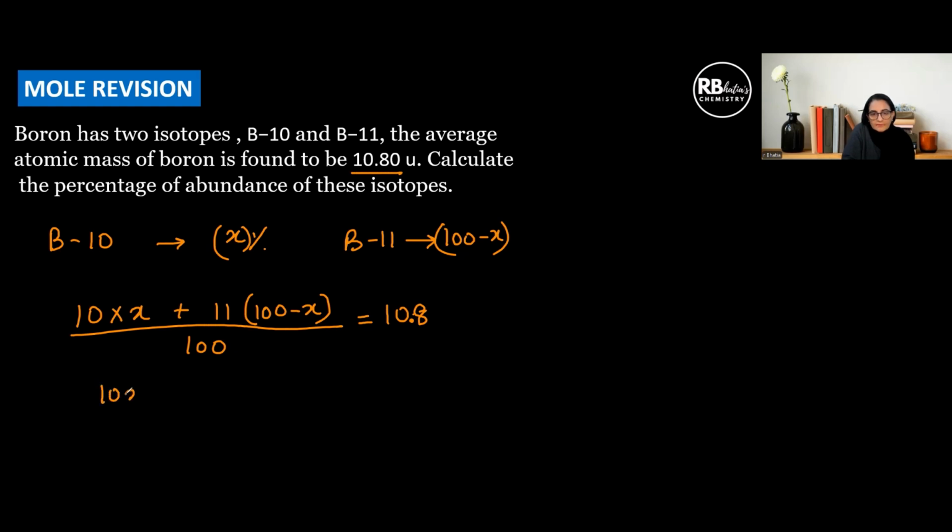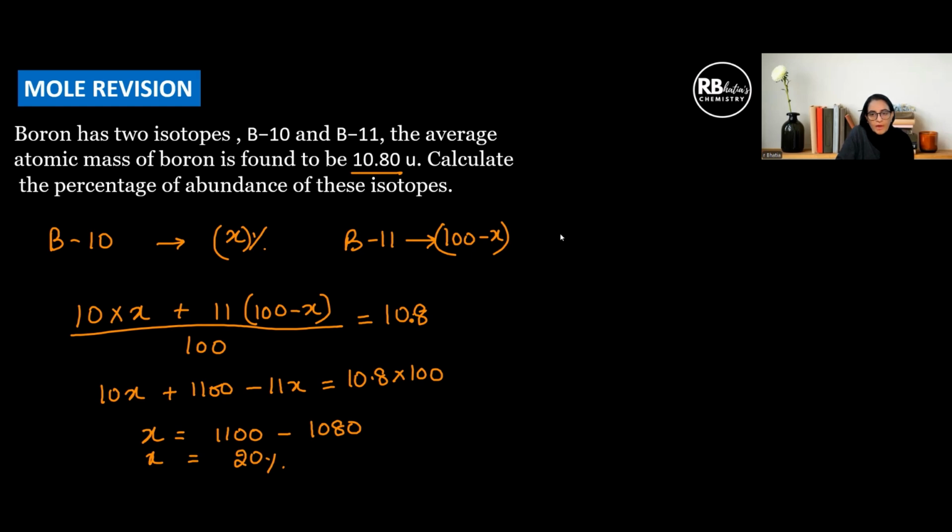So 10x plus 1100 minus 11x is equal to 10.8 into 100. This will come out to be x is equal to 1100 minus 1080, which means x is equal to 20%.